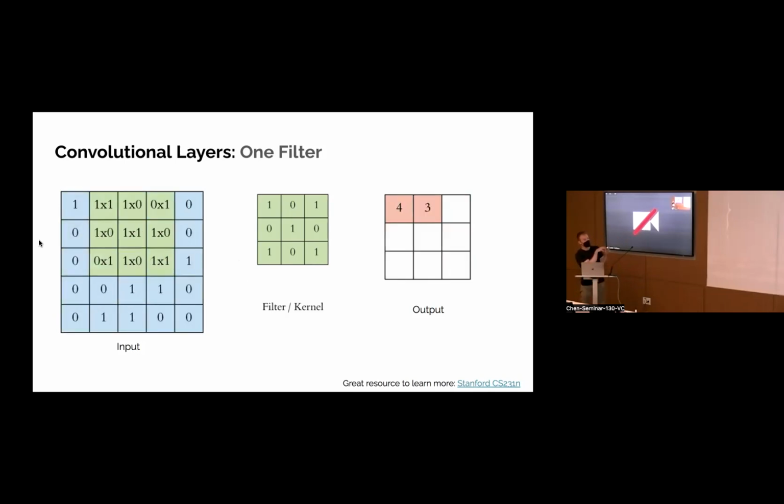In each cell, you multiply the filter times the input value, and then you sum them all up. And that summed value gets you your output. And so the way that this particular filter is designed, you actually end up reducing the size of your representation. So you have a 5x5 input, and because of the way the kernel moves across the input, you wind up with a 3x3 output. Does that make sense?